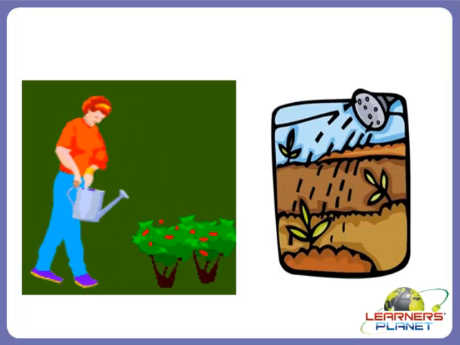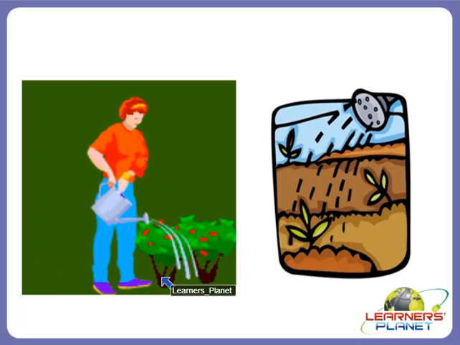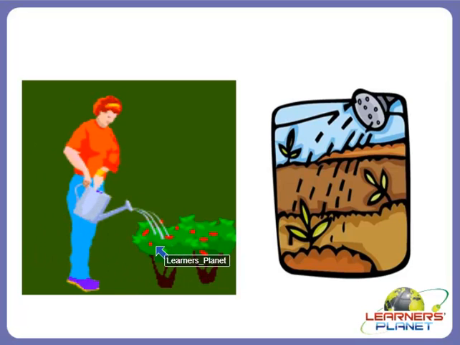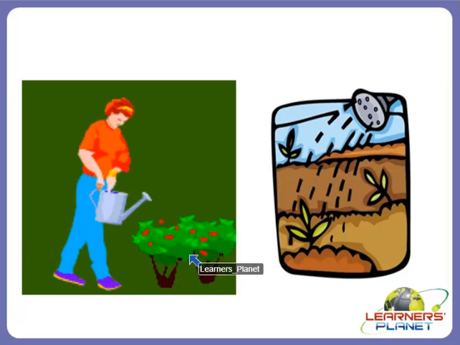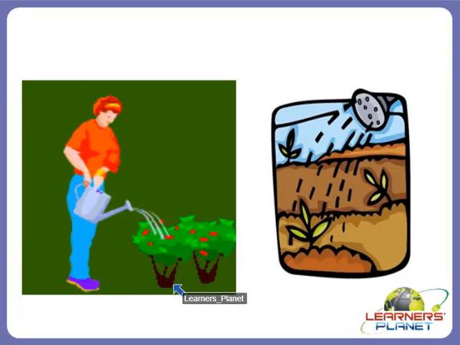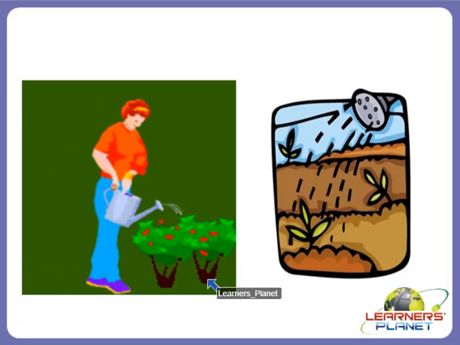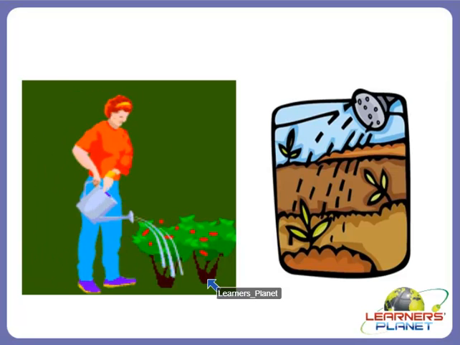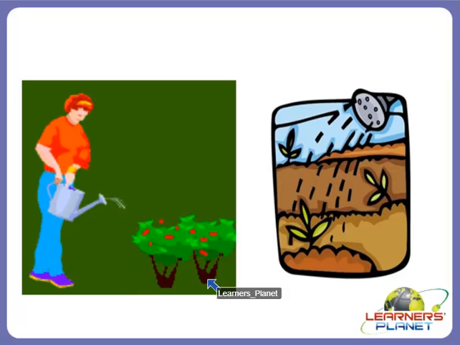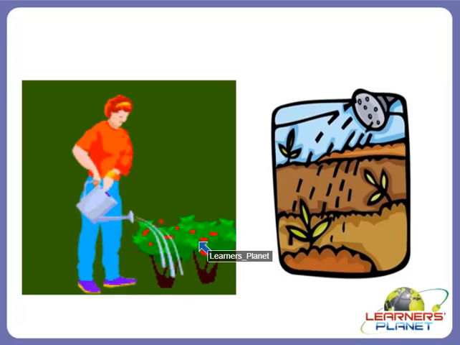The second use of root is that when we water the plants, they take in water and minerals from the soil, which are then used by the plant for making food.